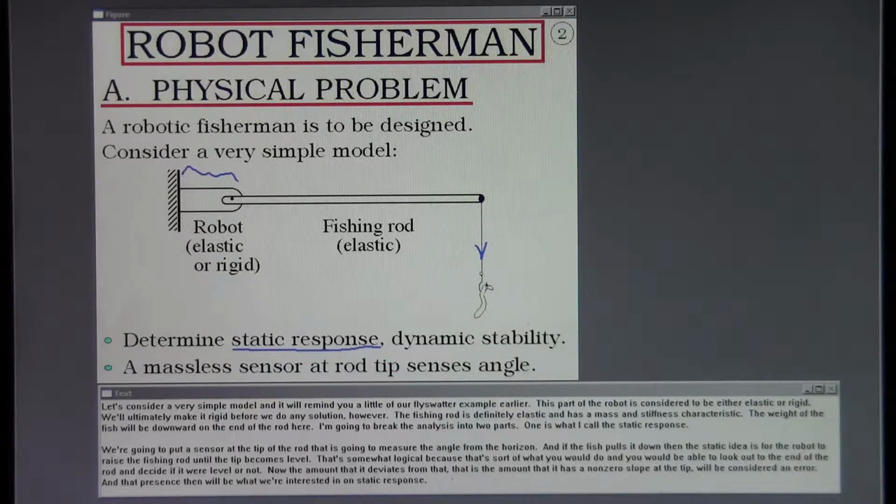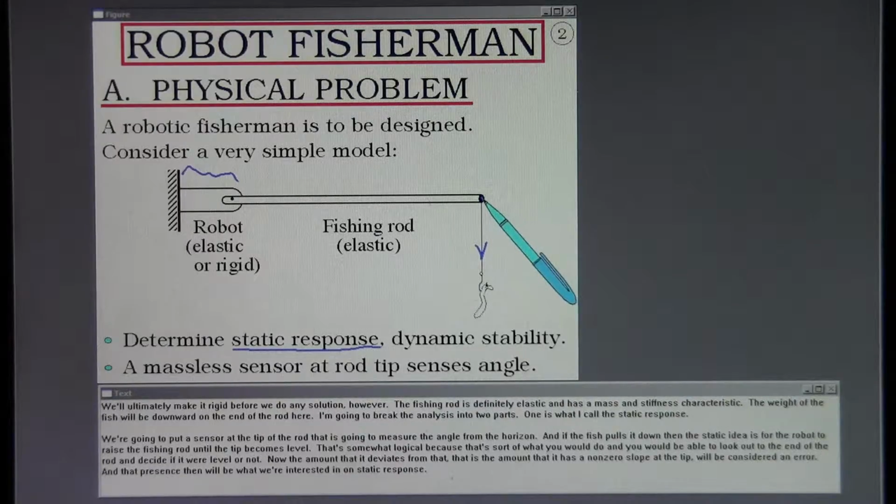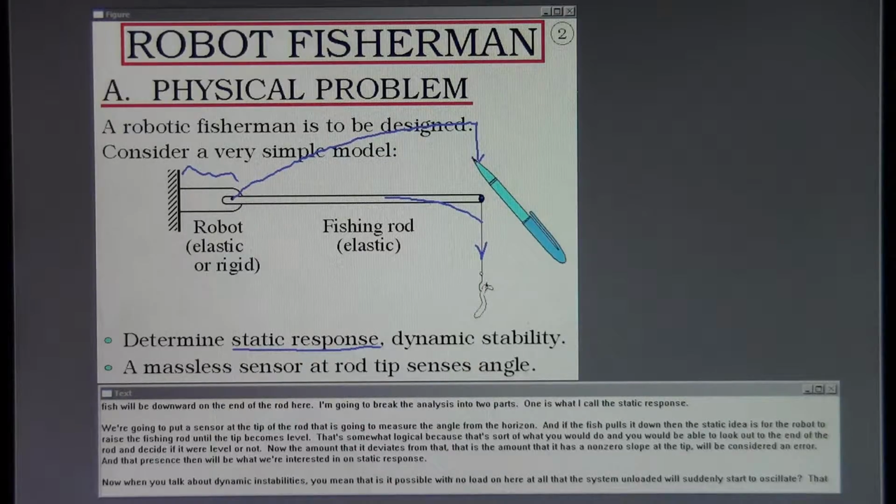We're going to put a sensor at the tip of the rod that is going to measure the angle from the horizon, and if the fish pulls it down, then the static idea is for the robot to raise the fishing rod until the tip becomes level. That's somewhat logical because that's sort of what you would do, and you would be able to look out to the end of the rod and decide if it were level or not.